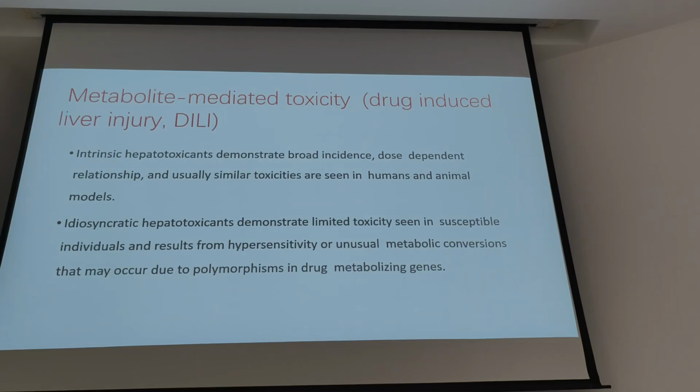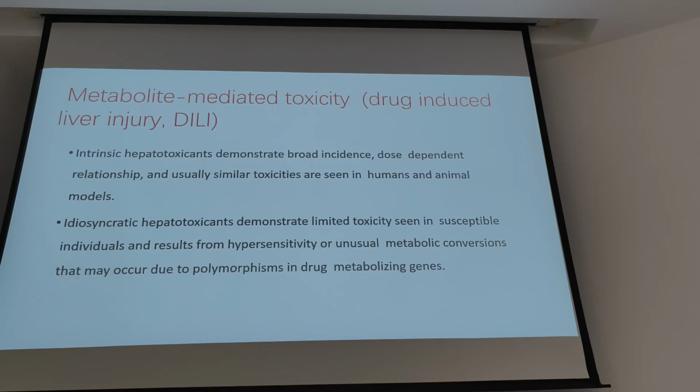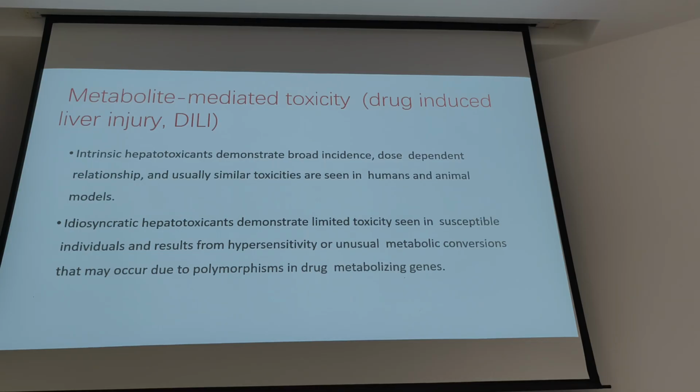A is absorption, right? Then D, distribution, where the drugs go to our bodies everywhere. M, metabolism, how our bodies treat these chemicals. E is excretion, right? How our bodies remove them.